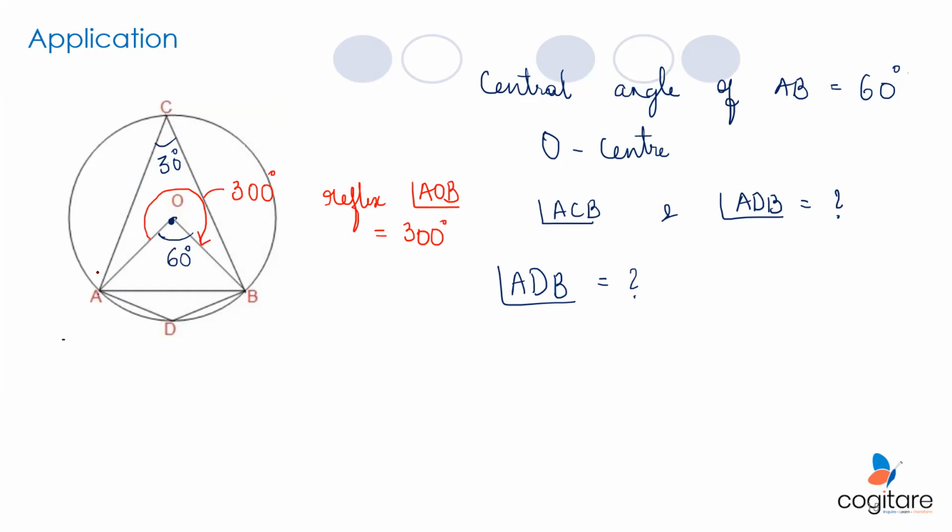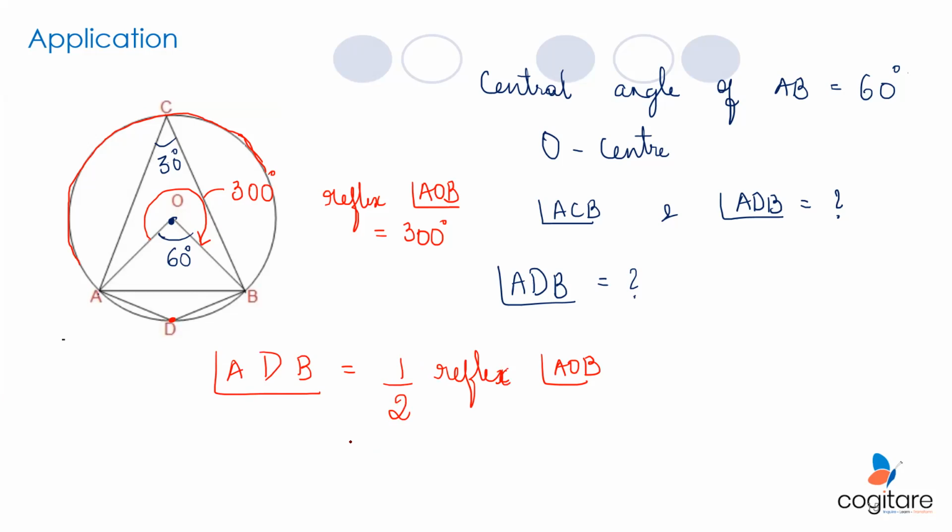Now observe carefully the major arc AB, which I'm just marking in red. This complete portion is major arc AB, and we have selected a point D, which lies elsewhere on the circumference. Hence, angle ADB will be half of the reflex AOB.